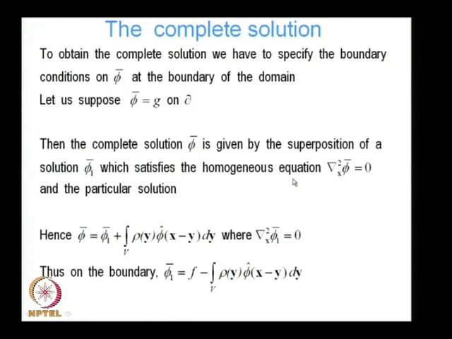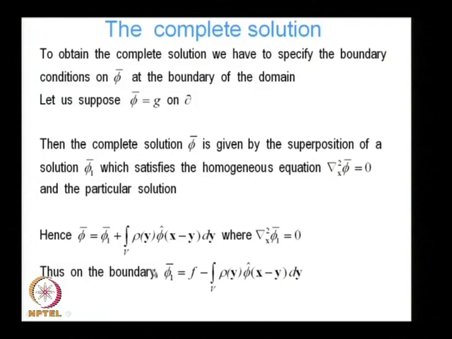Both of them together must satisfy the boundary conditions. So, phi bar is equal to phi 1 bar plus the integral of rho y phi hat x minus y dy. This is my particular solution, and phi 1 bar is the solution to the homogeneous equation.